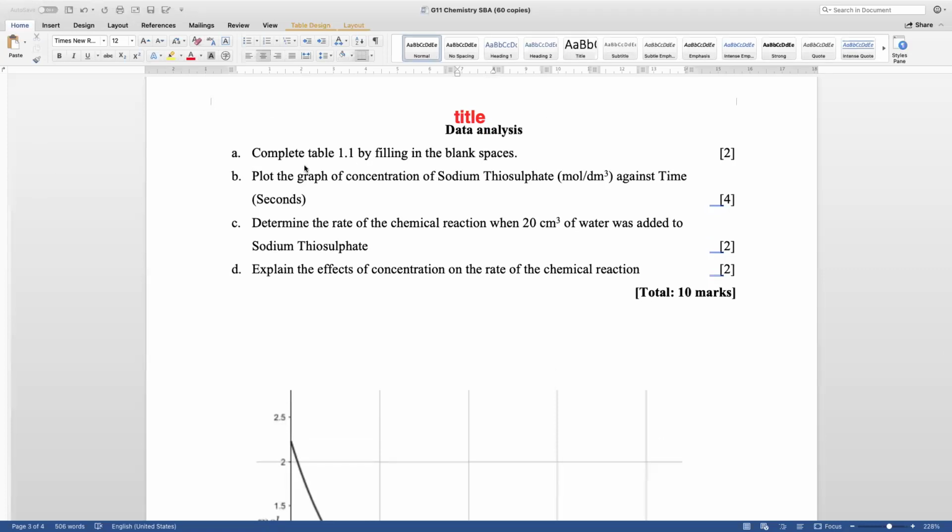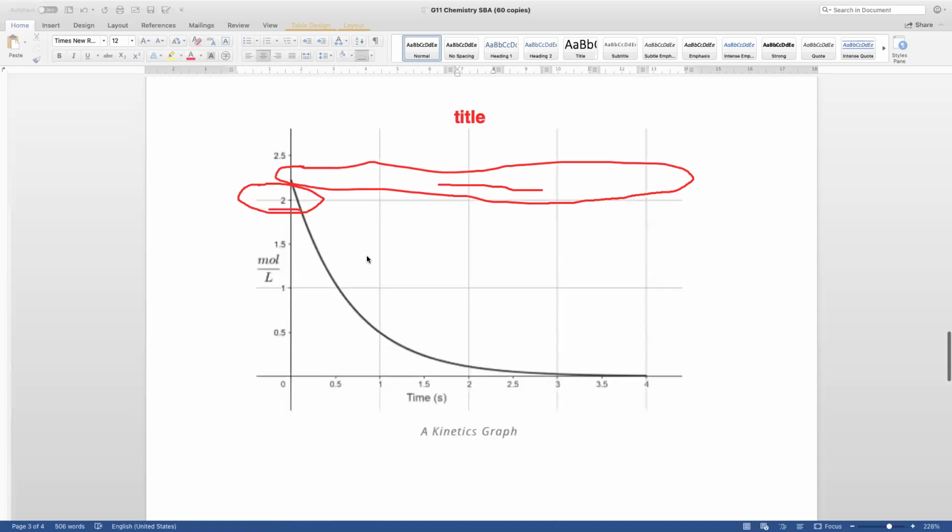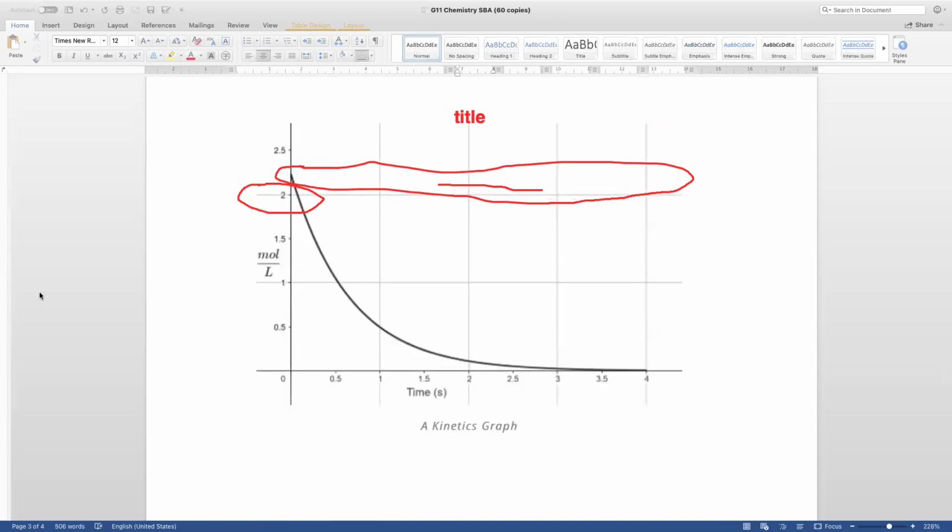The title starts from here. The graph of concentration of sodium thiosulfate against time. It's very important so that you tell us that what is on the y-axis is the concentration of sodium thiosulfate and what's on the x-axis is time. So please put a title on your graph, title first.